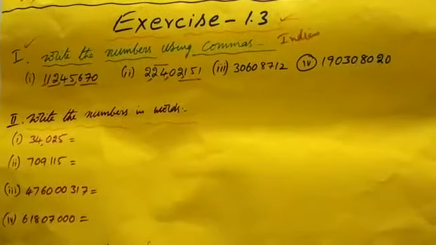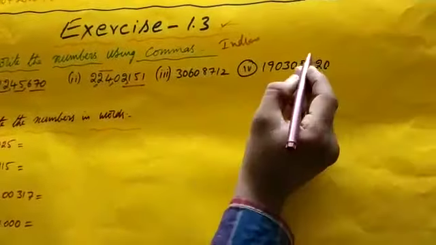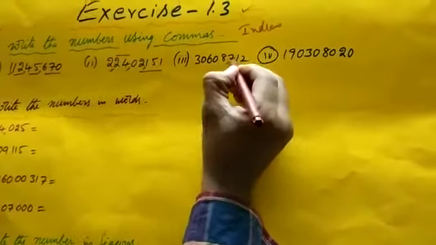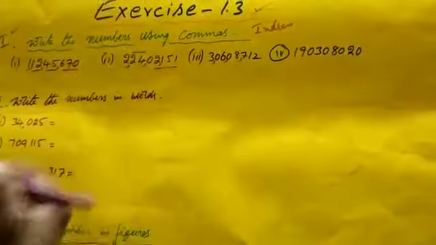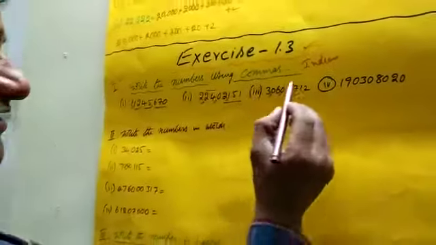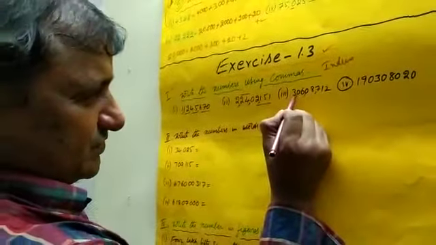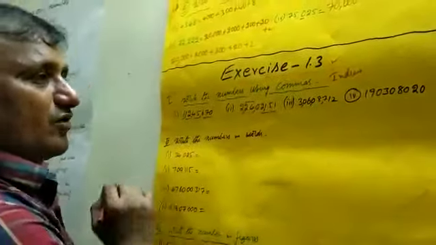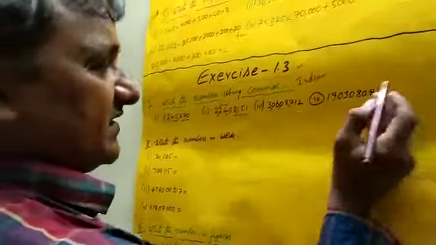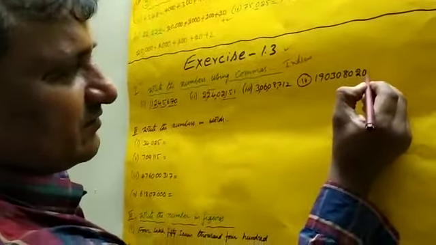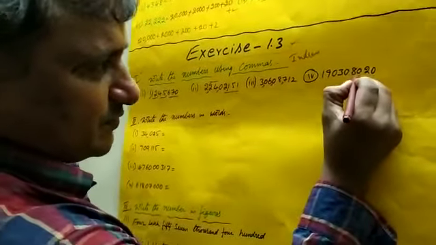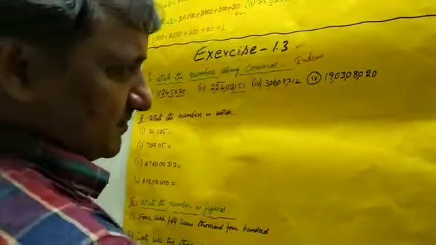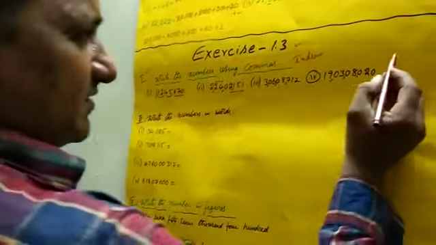2,151. See, next, the third. First of all, right to left. After 3 digits, you take a comma, and after that continuously every 2. Therefore, 3 crores, 6 lakhs, 8,712. Then, right to left, after 3 digits, continuously 2 digits with commas.